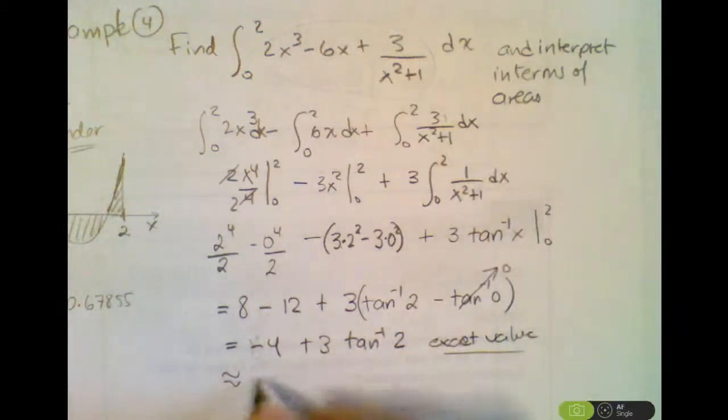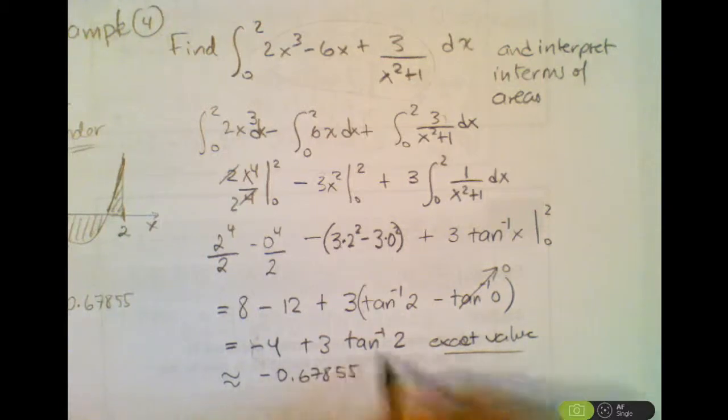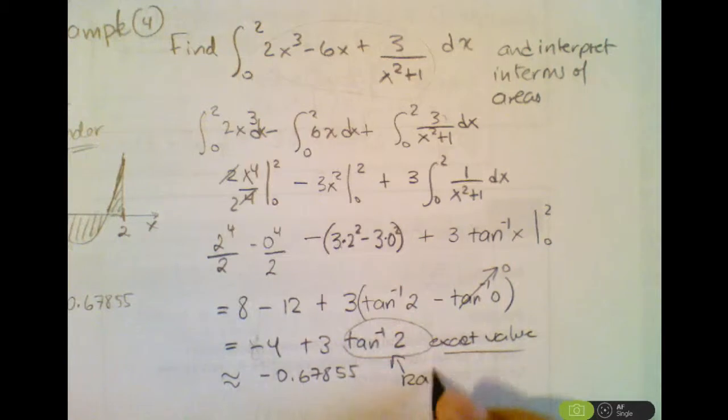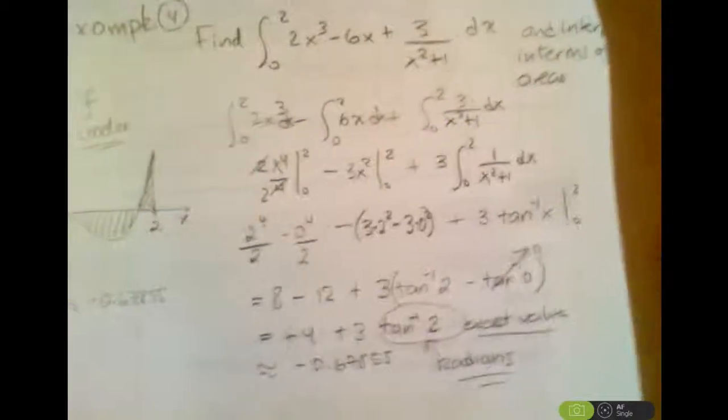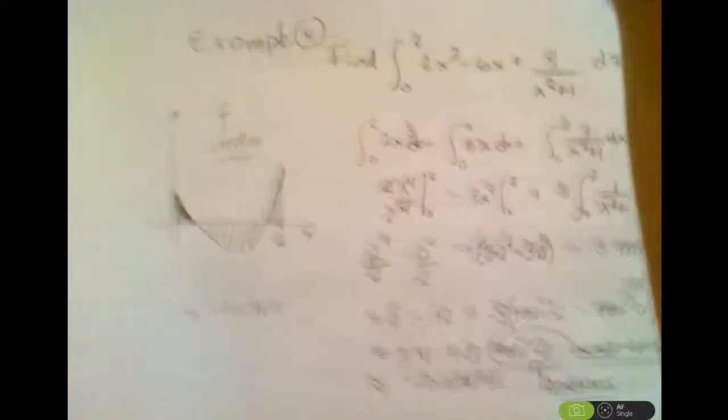So an approximate value is negative 0.67855. Remember, arctangent is on the calculator, and your calculator should be in radian mode. I don't think we're going to see any degrees, so please make sure you always check that, otherwise you will get a different answer.